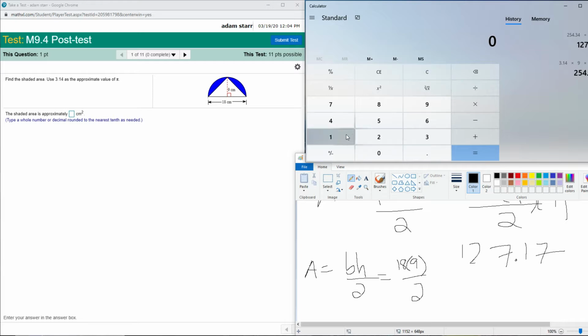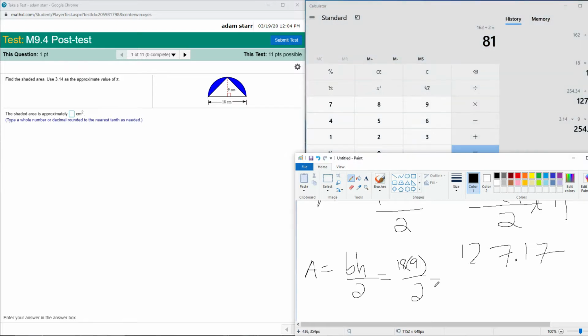In my calculator, 18 times 9 divided by 2 is 81. So the area of the triangle is 81 centimeters squared. The area of the full semicircle is 127.17. So now I'm going to subtract the 81 from it.